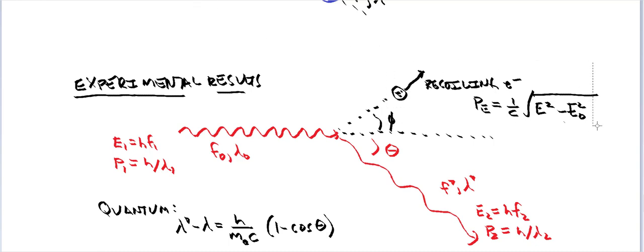So with that said, the recoiling electron gets flung far away at some new angle phi. It has some momentum, as we saw at the end of our discussion of special relativity, p, that should be a lowercase e, p for the momentum is 1 over c times the square root of e squared minus e sub r squared.